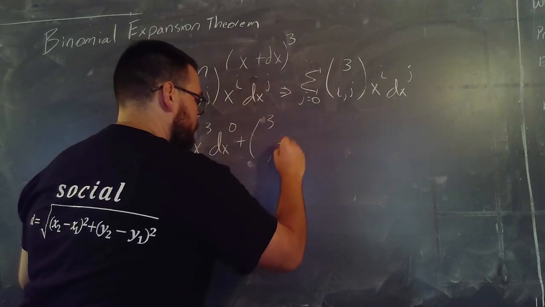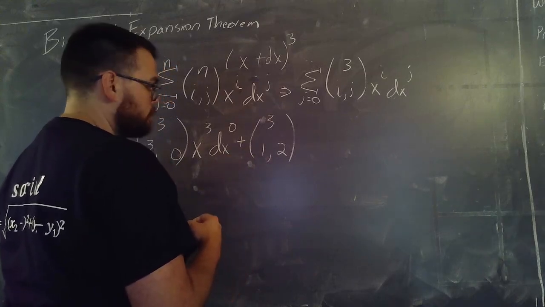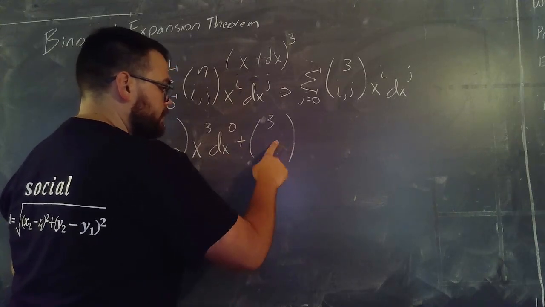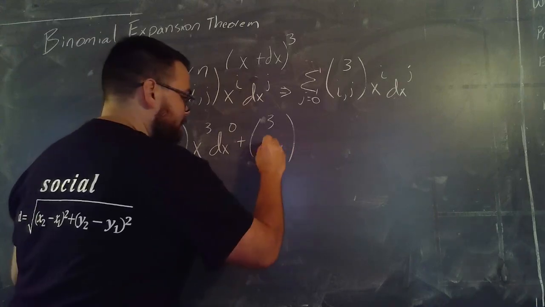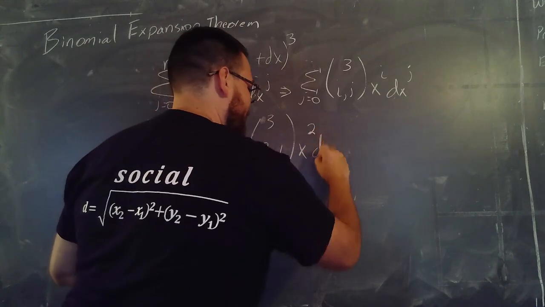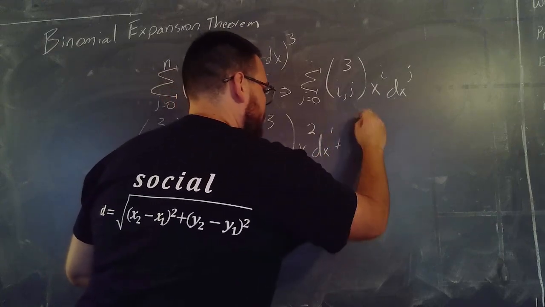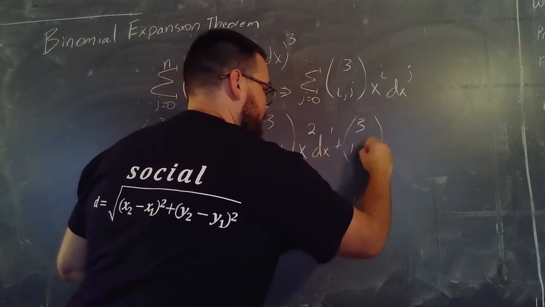This is going to be a 2. That's a 1 because 3 minus 2 is 1. I did that backwards because that's going to be 0 and then 1 because I did my positions wrong. x to the 2nd, dx to the 1st. Now we're going to get our opposite there.